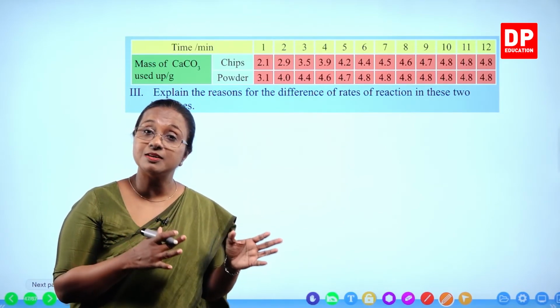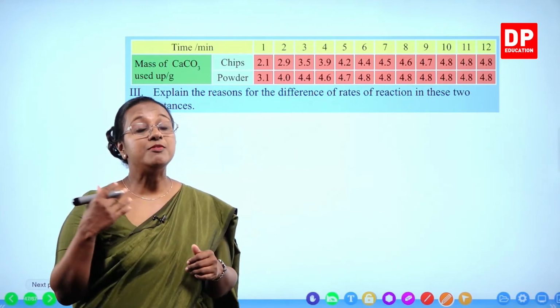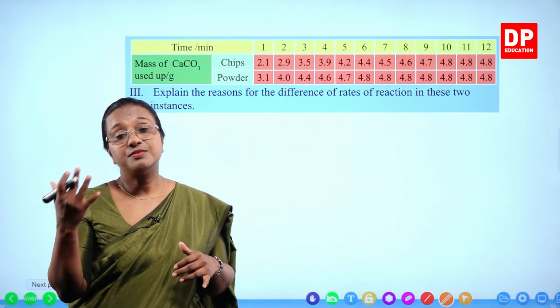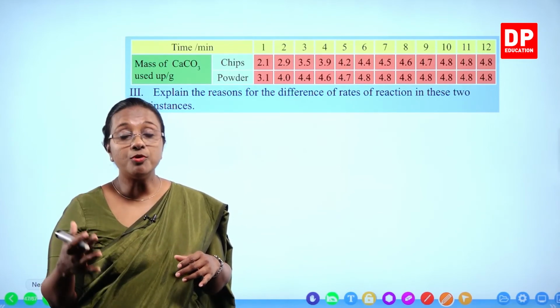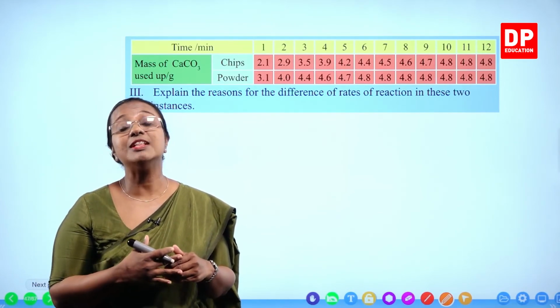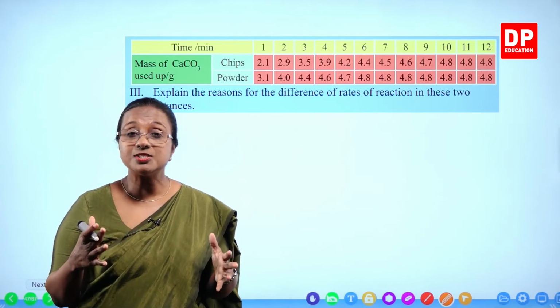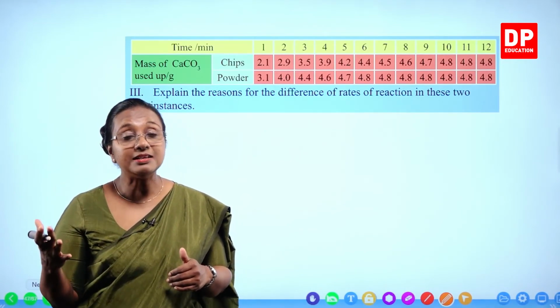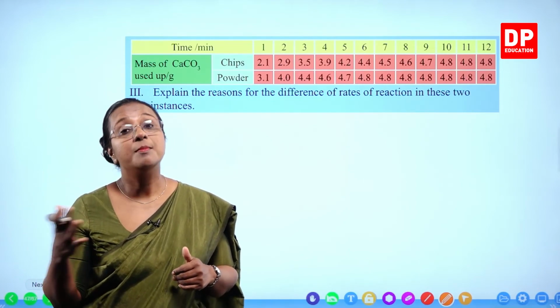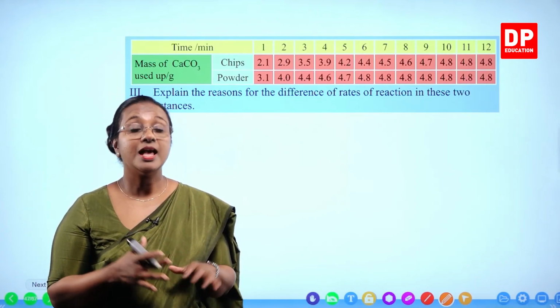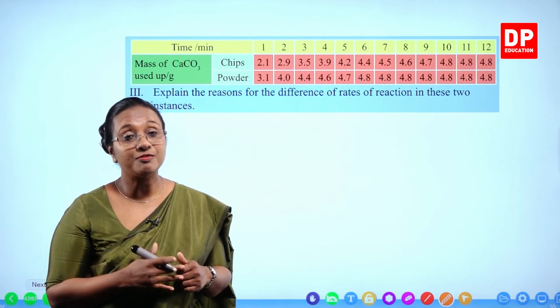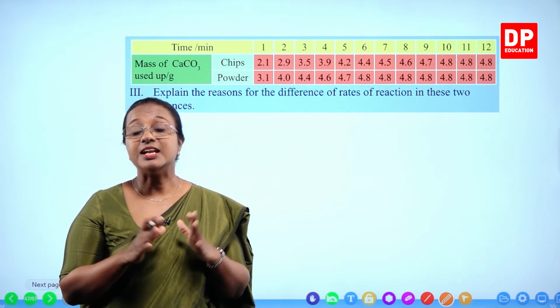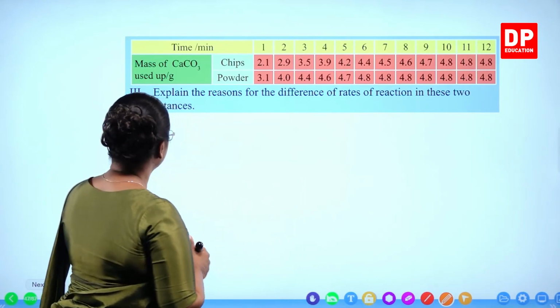Why? Because the surface area is less. But when you take powder, the surface area is more, there are more particles in contact with hydrochloric acid. So because of that, the number of collisions in a unit time increases when you use powdered calcium carbonate. And because of that, the rate of reaction is higher. So that is what you have to write here.